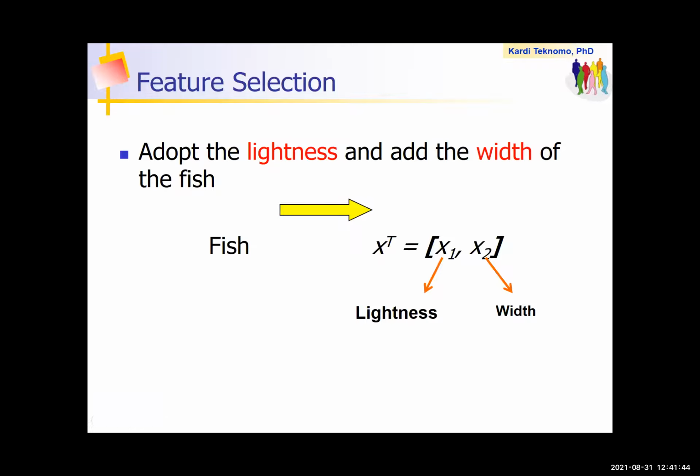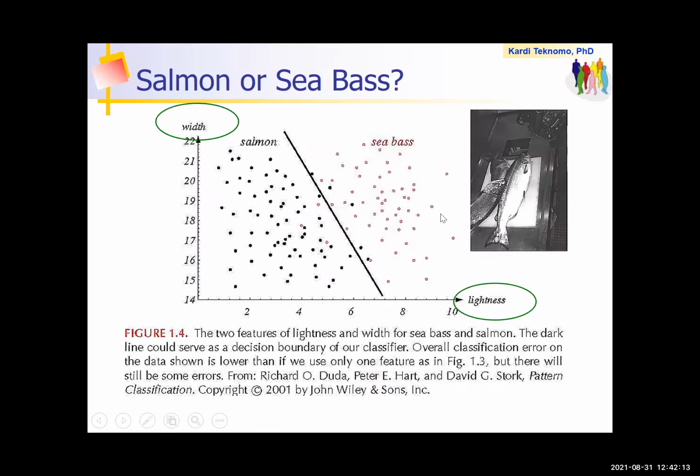Then you say, how about if I use both? If you want to use both features, the lightness and the width of the fish, for example, then you put them into a vector. For each fish, you will have x transpose, where x1 represents the lightness value and x2 represents the width of the fish.